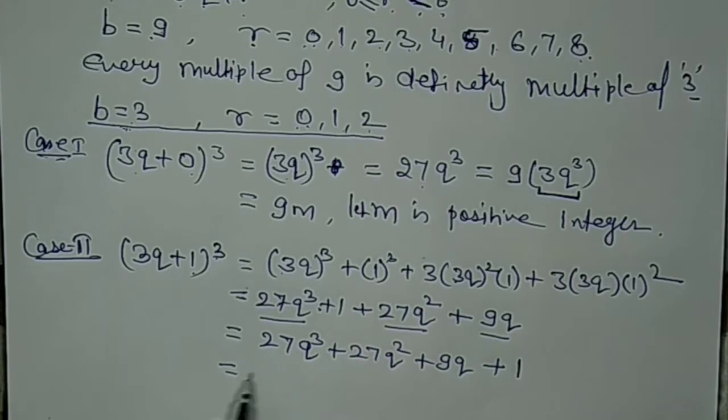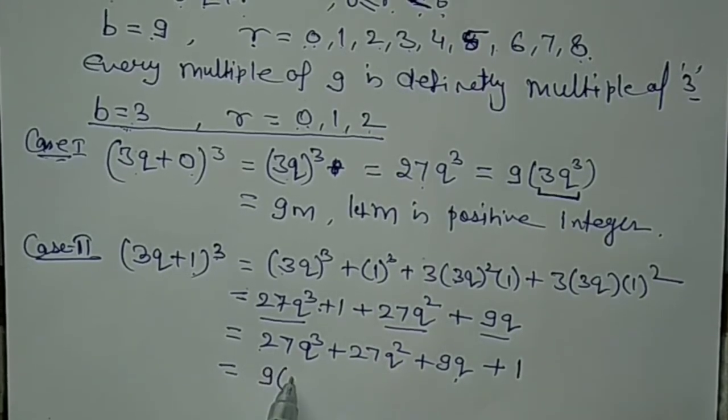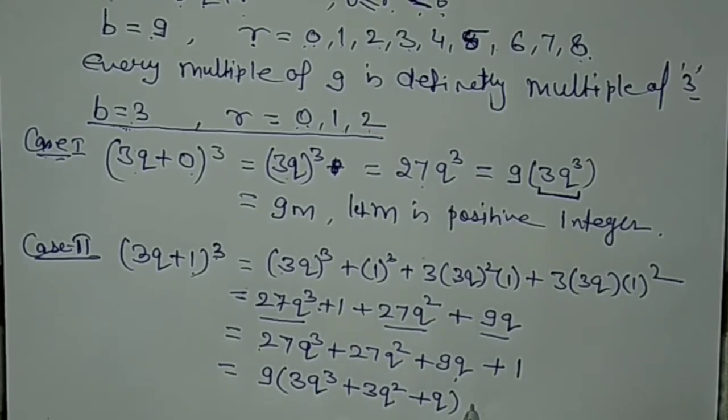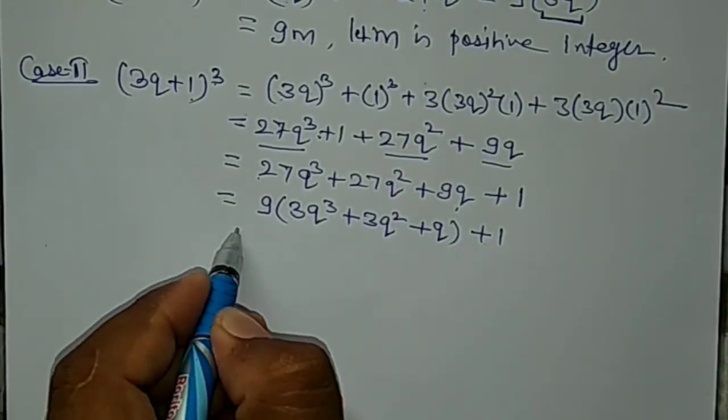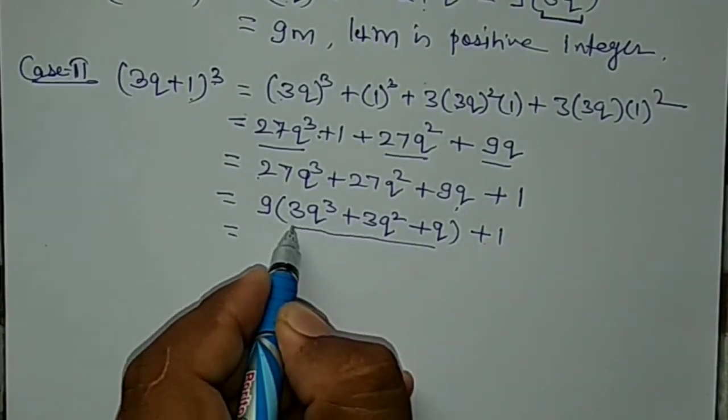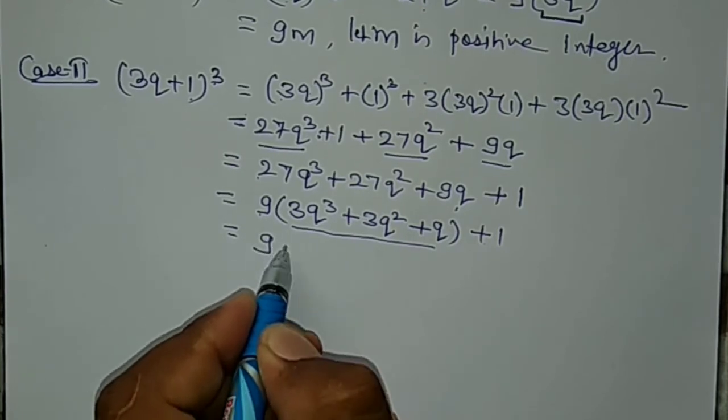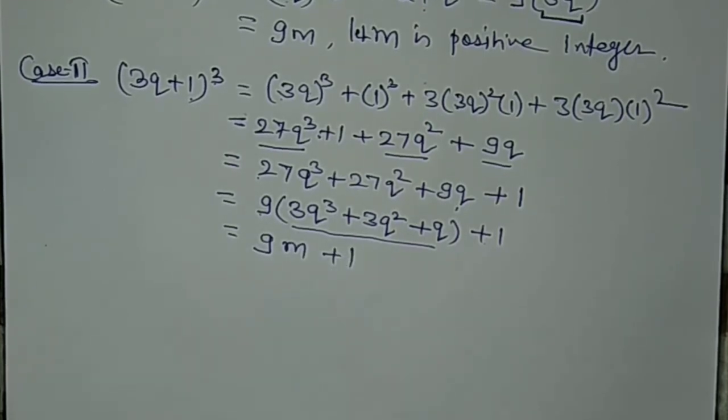From these terms I am taking 9 as common: 9 times (3q cube plus 3q square plus q), and plus 1. Now I am supposing this term as m, which is a multiple of 9, so 9m plus 1. Here m is any positive integer.